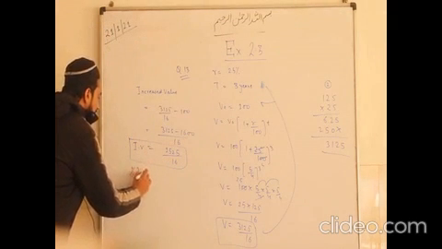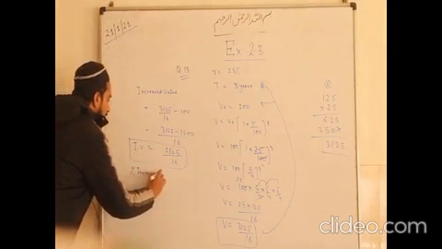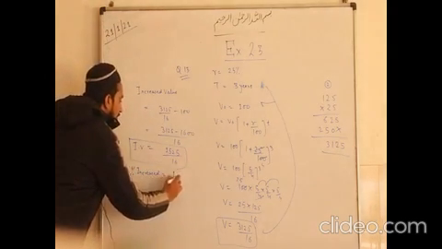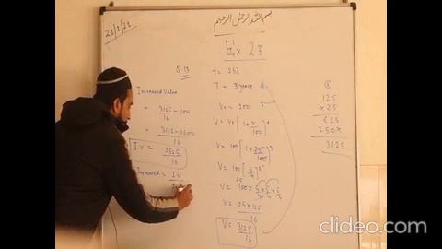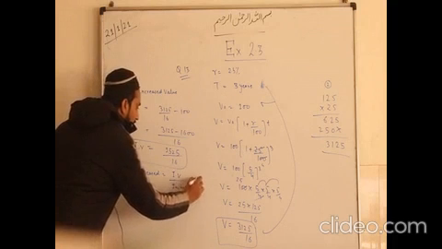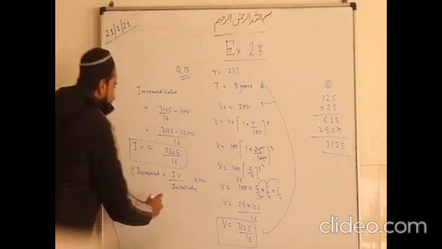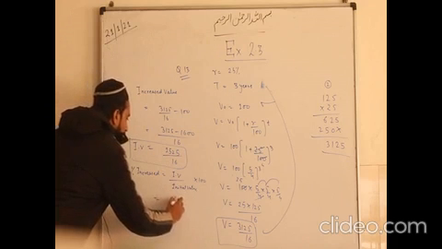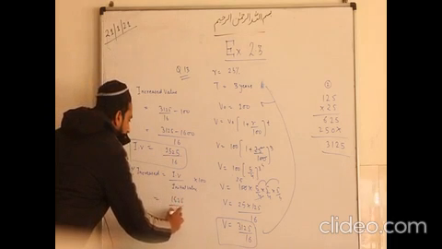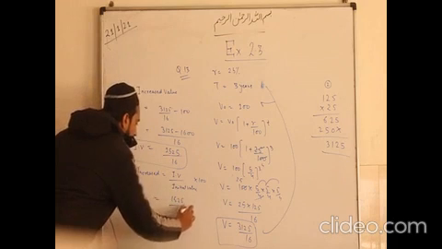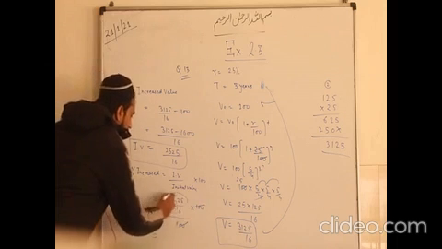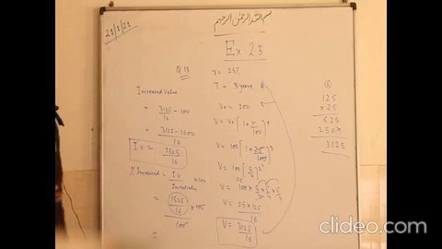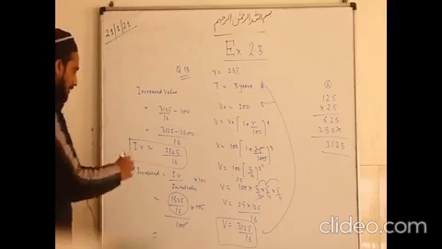Percentage increase equals increased value upon initial value into 100. So this is your 1525 by 16 upon 100 into 100. So this will cancel out, and directly you have to solve this.